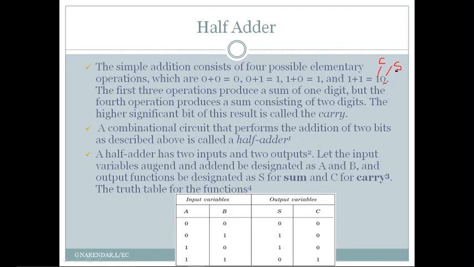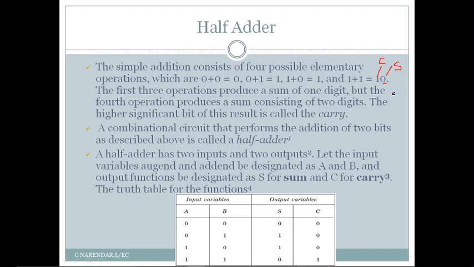So when two bits are added, if the result contains only one bit, that bit is treated as sum. If the result contains two bits, the least significant bit is called sum, and the higher significant bit is called the carry.